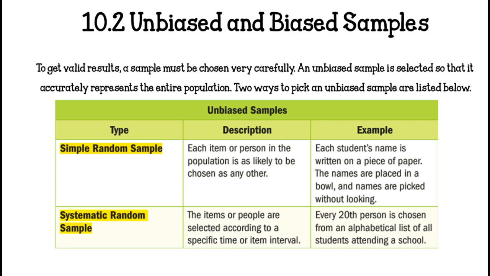Systematic random sample: the items or people are selected according to a specific time or item interval. So every 20th person is chosen from an alphabetical list of all students attending a school. That would be everybody has an equally likely ability to be chosen, so that would be an unbiased sample.